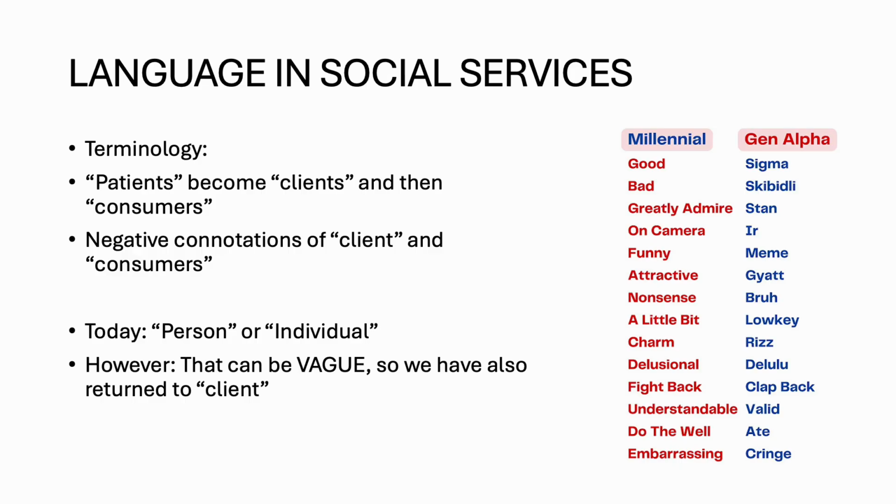Don't take any of this too seriously, like you're going to yell at people by saying, oh, you can't say that or you can't say this. Words will go back and forth and change. I have seen people really going back to the word client again. It becomes a little bit more neutral because patient sounds more medical, right?